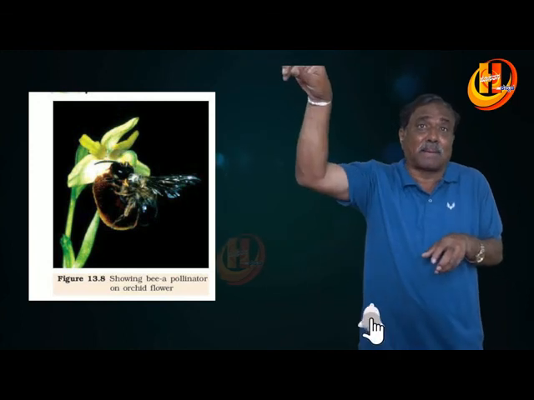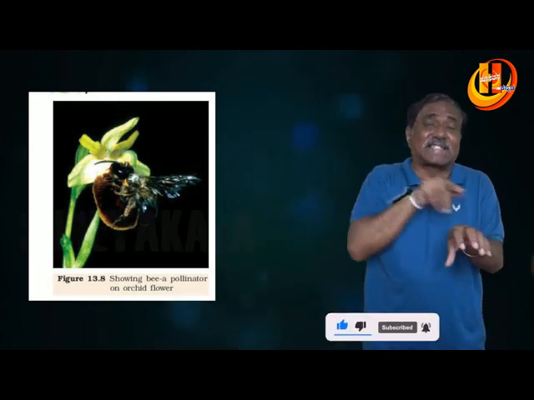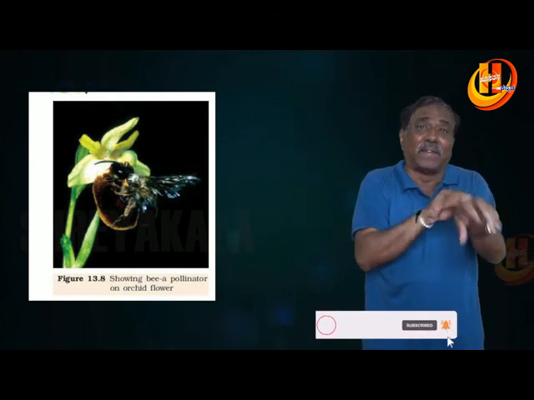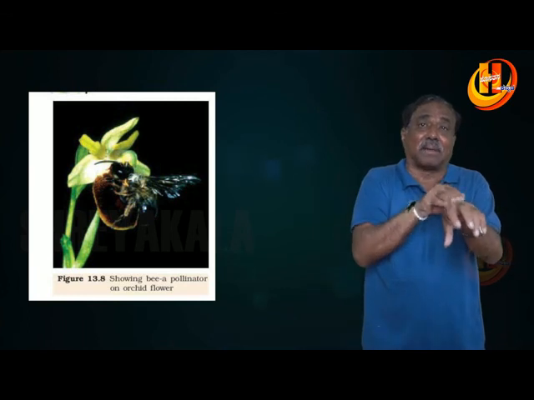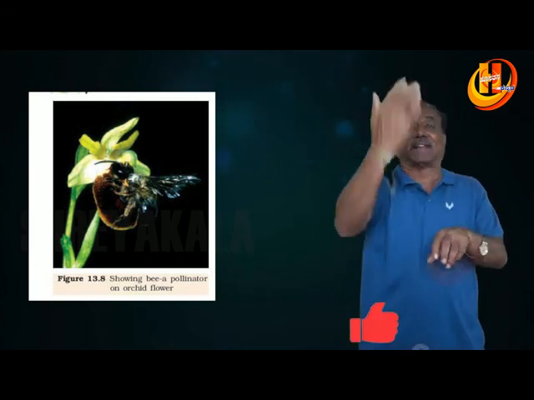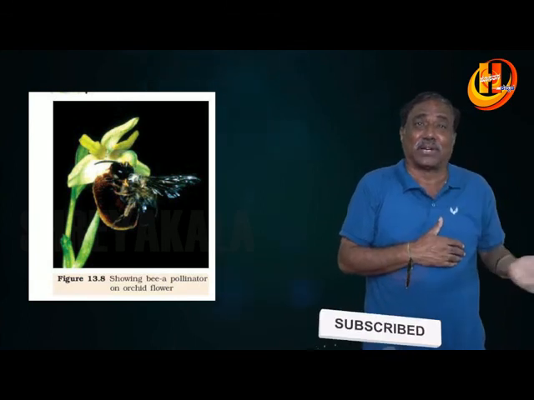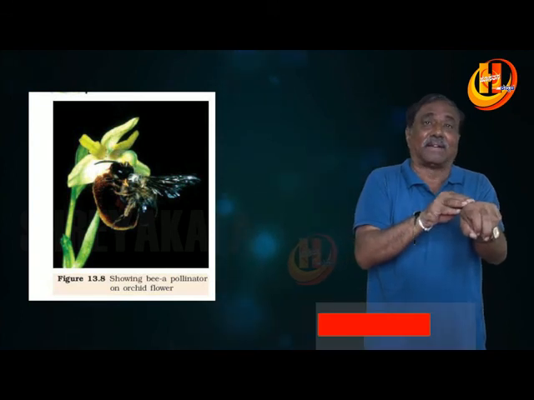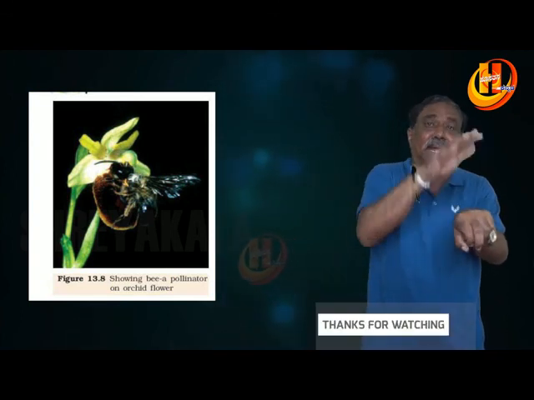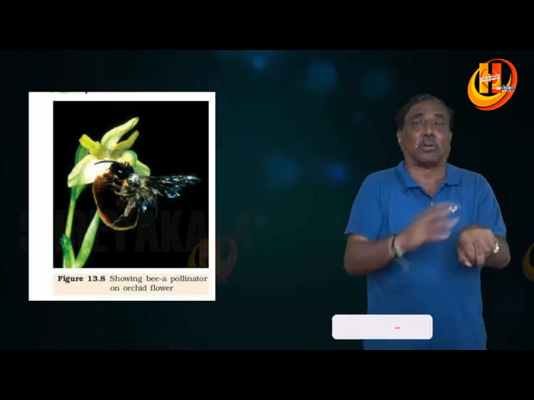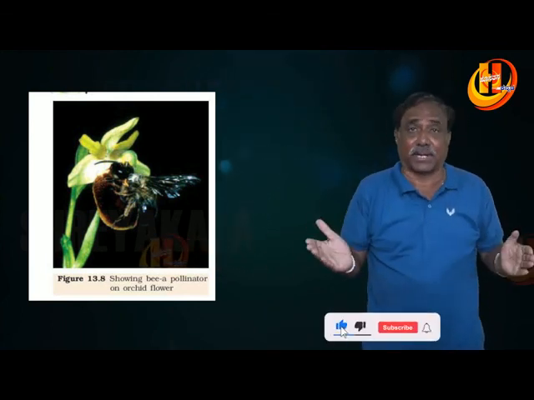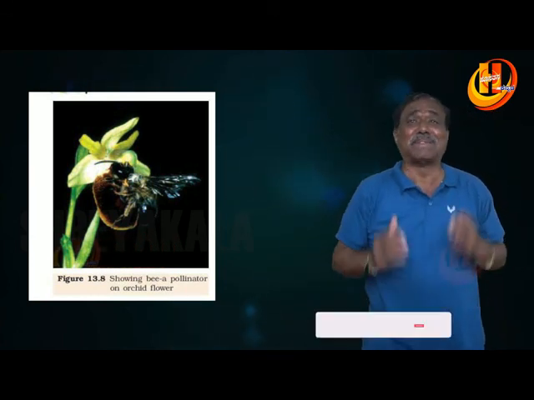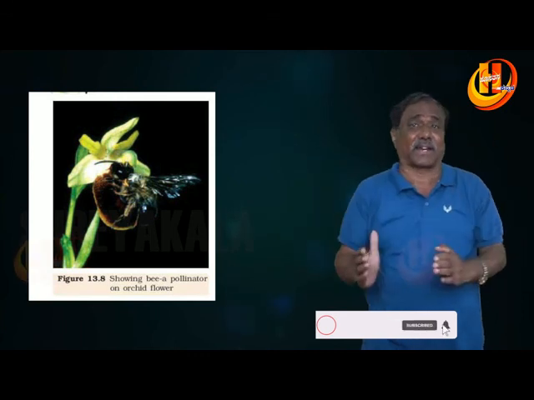Hence the male bee, because of this uncanny resemblance of one of the petals to the female, comes and copulates with the petal itself. This is known as sexual deceit or pseudo-copulation, where the male bumblebee gets sexual satisfaction. At the same time, the flower or the plant also is helped because of pollination. So this kind of fascinating mutualism can be seen between the bumblebees and the Mediterranean orchid.